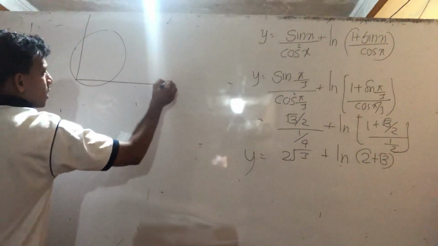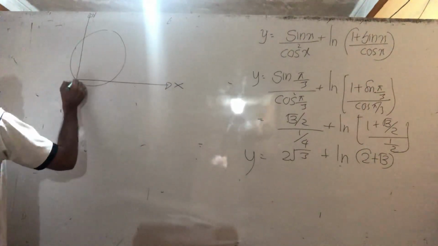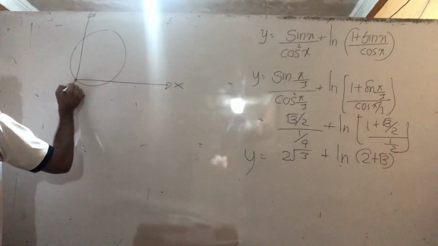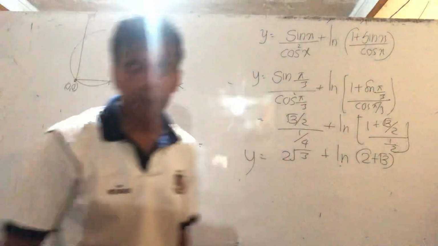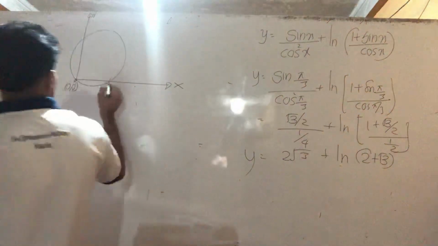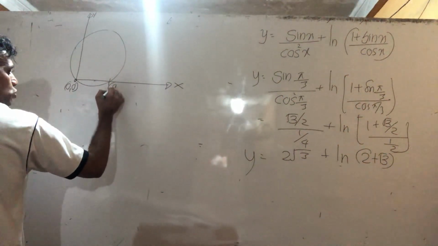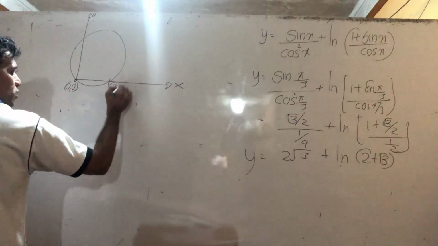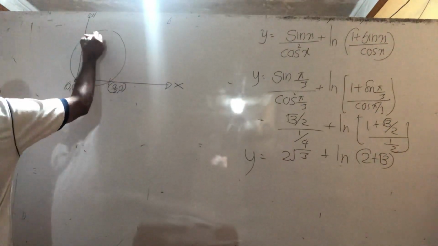X-axis, origin. It passes through the origin and cuts the x-axis at a by 2, right? The intercept is a by 2. This is a by 2 comma 0 coordinate. What is this one? 0 comma b by 2.